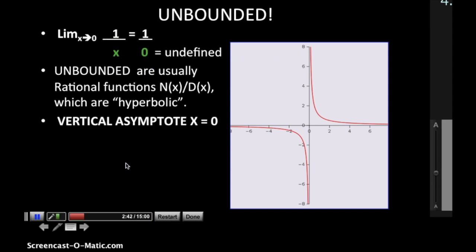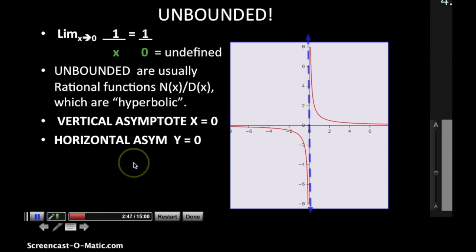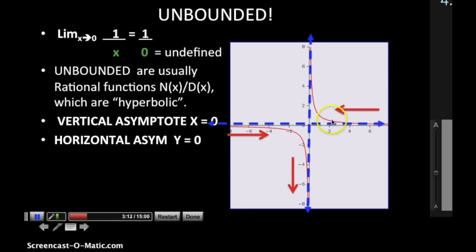As we approach 0, oh, by the way, we have a vertical asymptote and a horizontal asymptote in hyperbolas of this type, at y equals 0 and x equals 0. So as I take the path of the function, which is right here, going this direction, down this direction, and over here is coming in towards 0, x is 0, and then towards 0 it goes up.